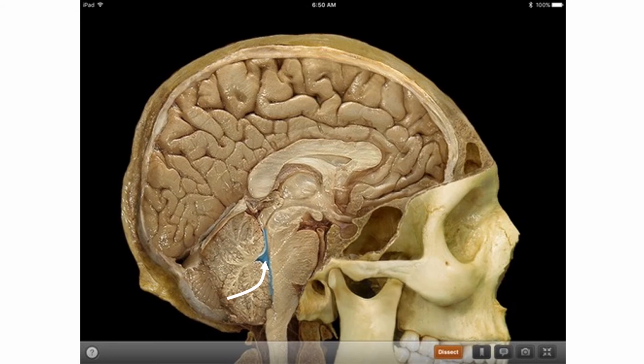Then we have a third ventricle between the thalamus of the right and the thalamus on the left, and then we have the fourth ventricle. This is the fourth ventricle, and you can see that it is posterior to the pons and anterior to the cerebellum.